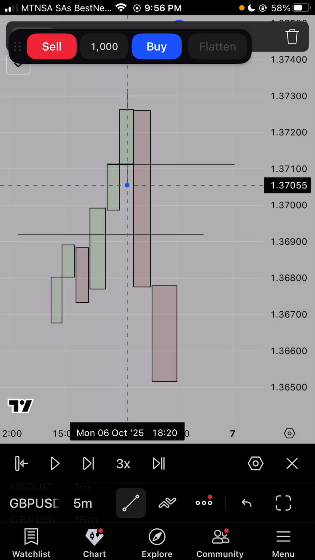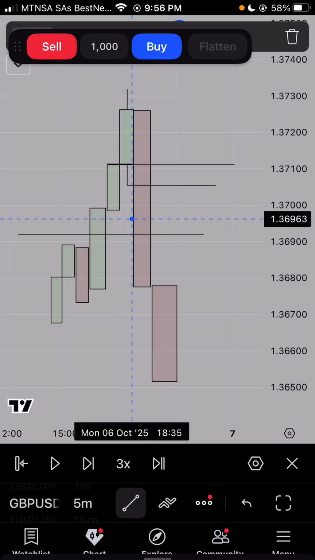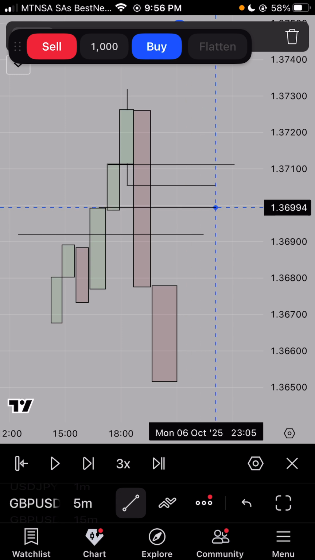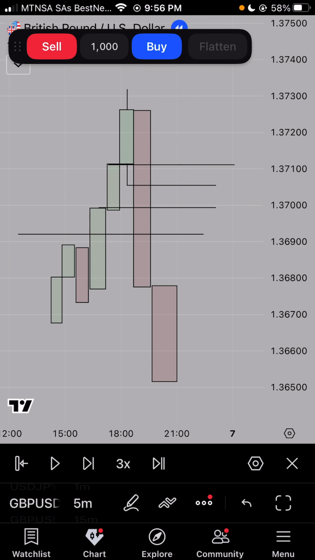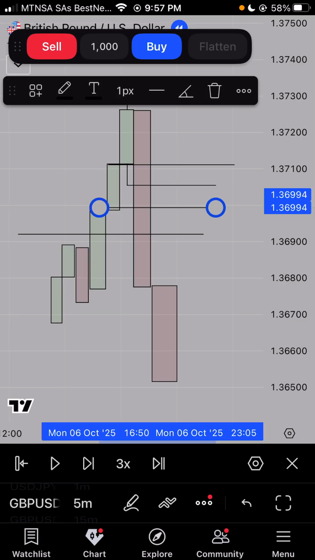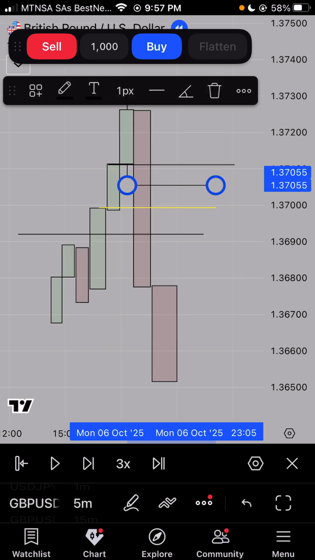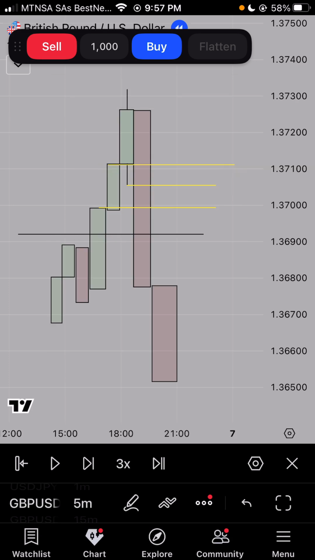Example, CISD right there, and this is your inversion fair value gap right here. Depending on the size of this fair value gap, all these yellow ones are now basically confirmations.